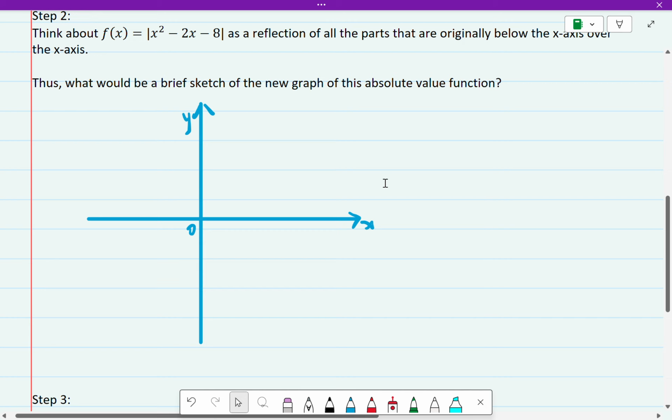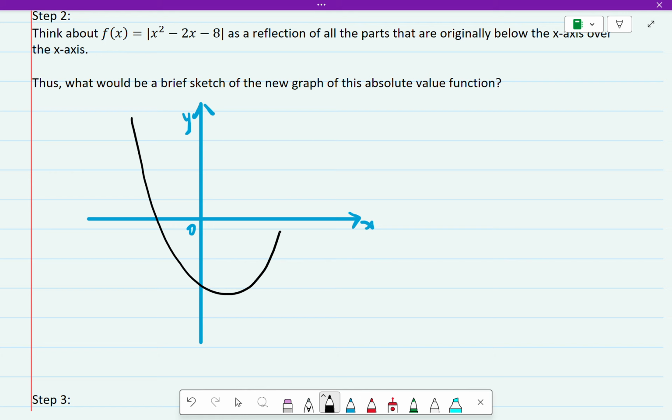As we saw before, our original graph would be something like this: one intercept is negative 2, this is 4, and this is negative 8. So we want to reflect all the negative parts, which are the parts below the x-axis, up to be above the x-axis.